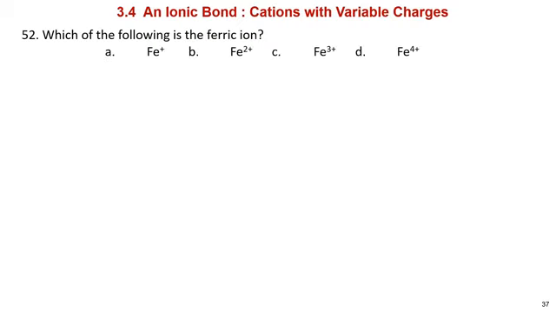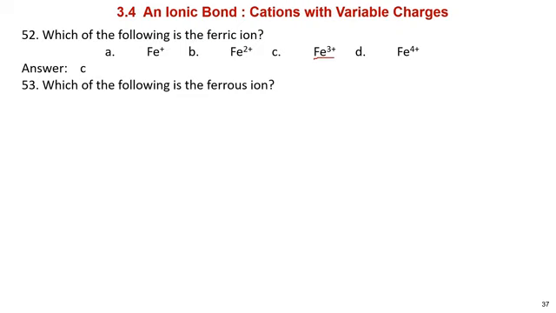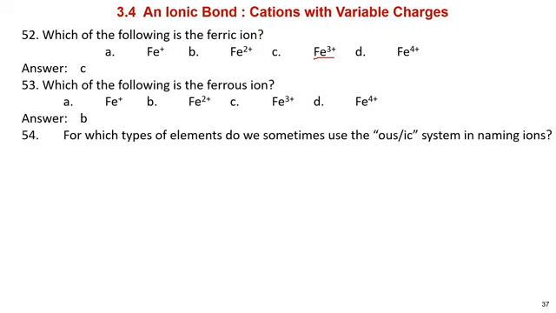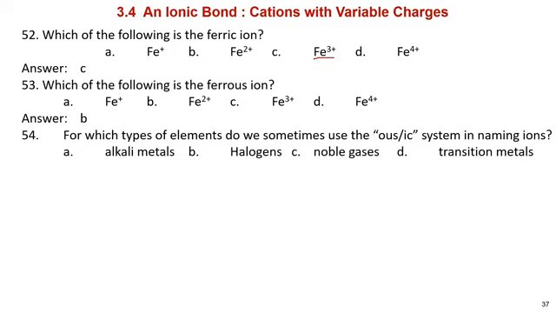Which of the following is a ferric ion? Ferric ion is 3+. We have gone over this enough. Go through this problem. Now naming is the important thing.